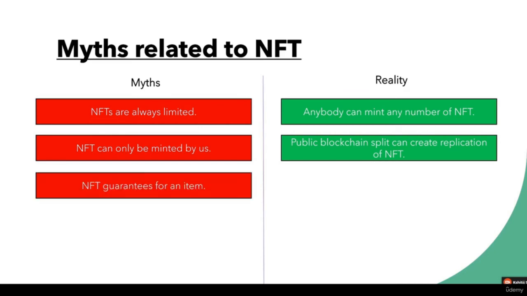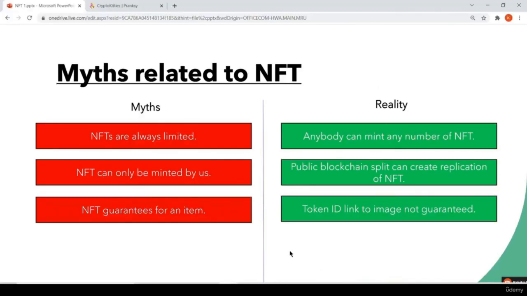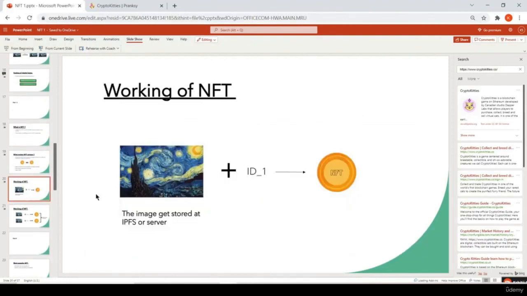One of the biggest myths that we have is that NFT guarantees an item. People think that if they have created the NFT, then the item for which they have created the NFT is true and completely perfect. But the case is different. If you see closely, I will go back to our example slide where we have used the image. Here you can see that we have this image and it is stored in our IPFS or server.